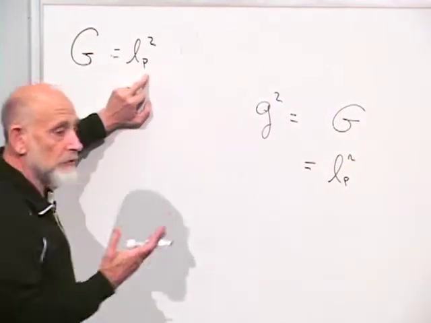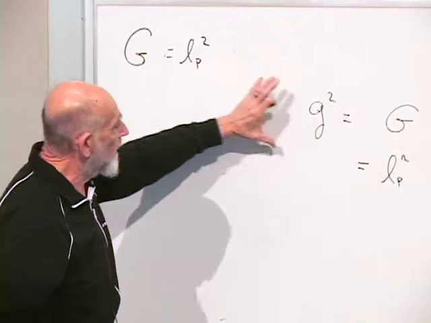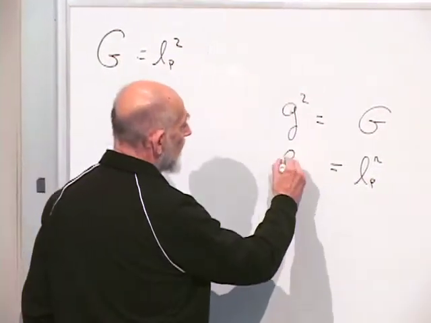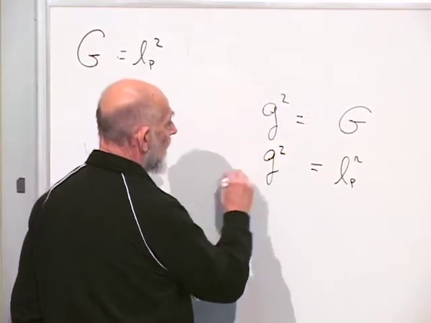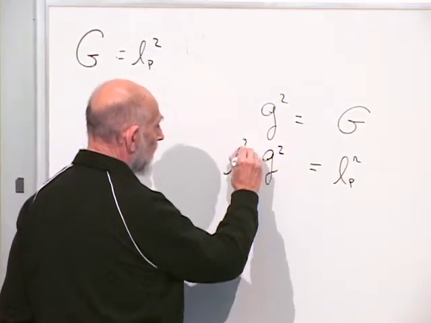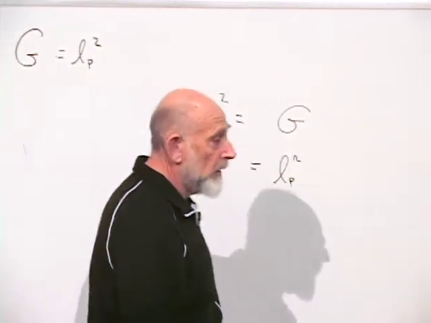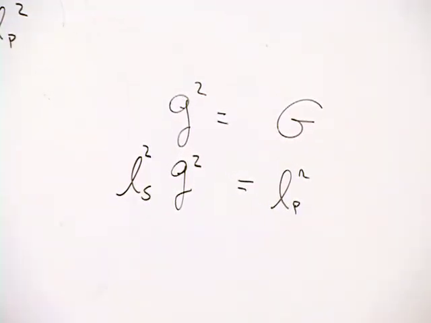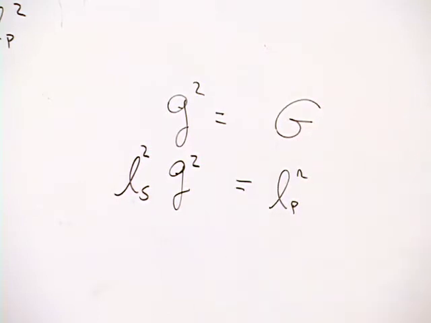The only sensible equation that I can write that only contains things that have to do with string theory on this side is to say that this is g squared times L string squared. And that's the correct equation, that the Planck length squared, which is the same as big G, is little g squared times L string squared.